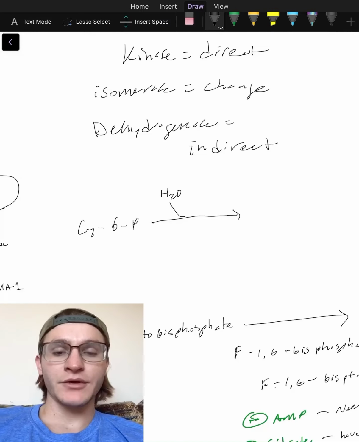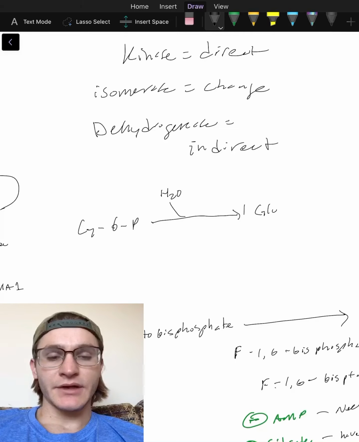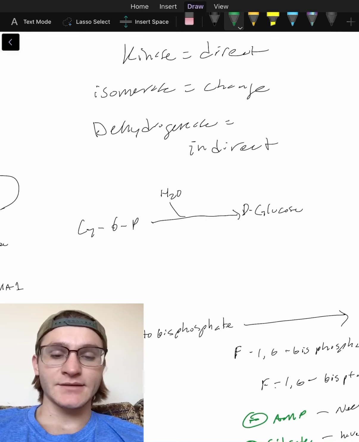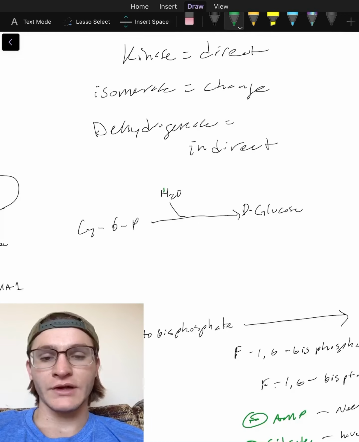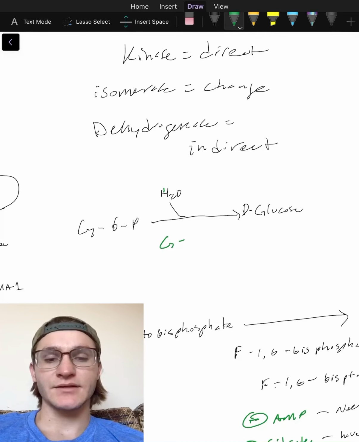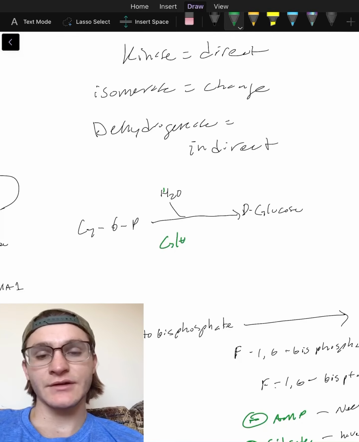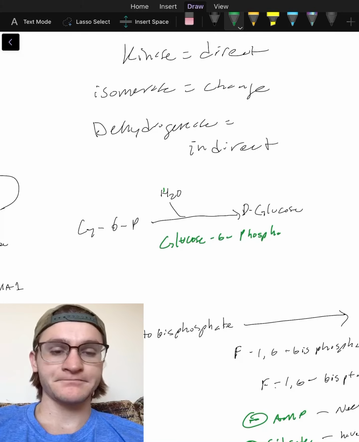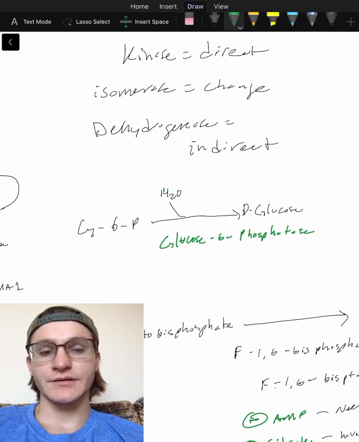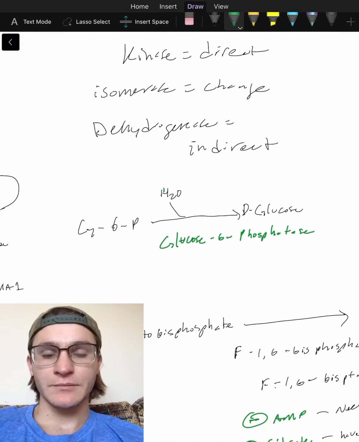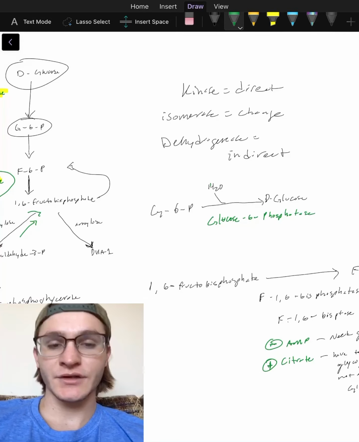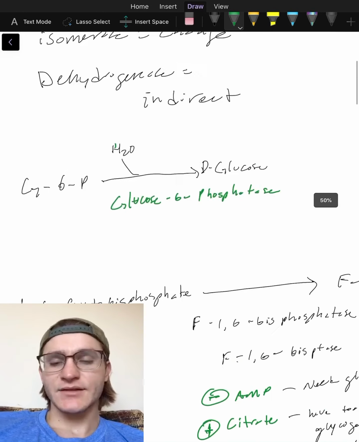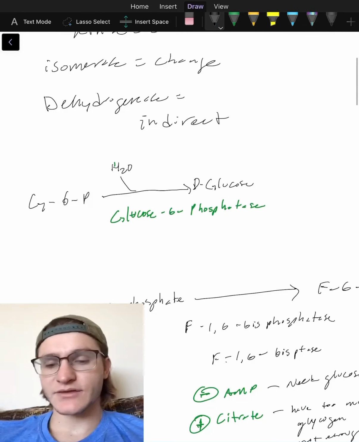So water is going to be inputted, and similarly named, it's going to be glucose 6-phosphatase. So we're also going to remove a phosphate group, which makes sense. So glucose 6-phosphate, or phosphatase, my bad. So glucose 6-phosphatase to make our D-glucose, which is ready to be used as immediate energy for our brain or muscles.